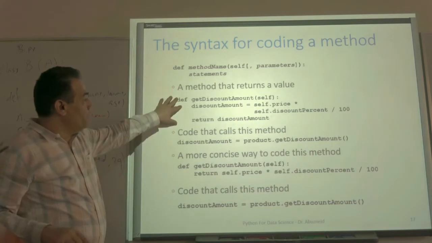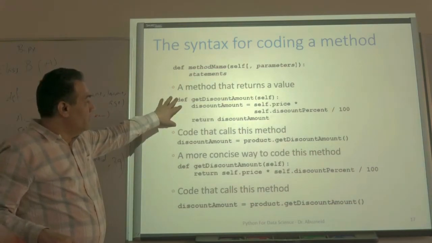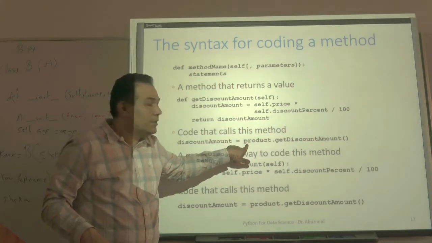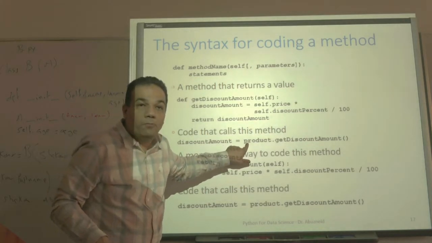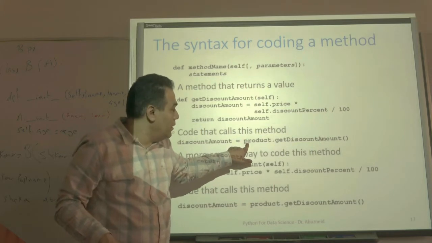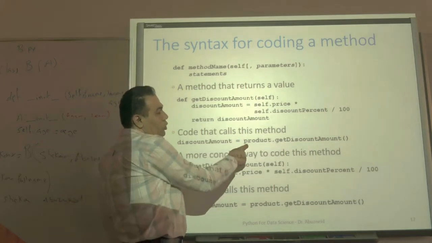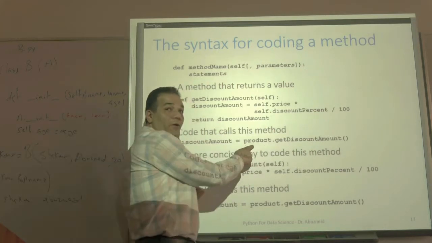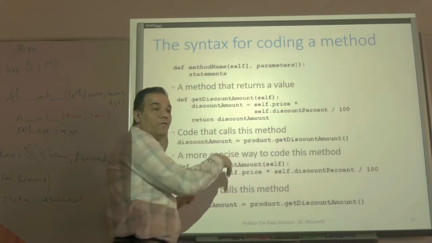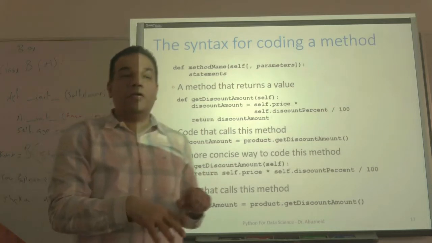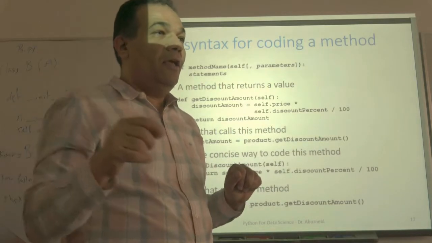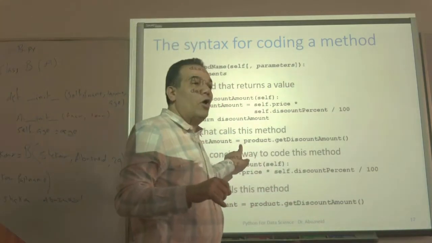To call this method is very simple. You have to precede it with the object name. So we're saying, let's go to object product. Myself, by the way, I don't like the convention in this book that they call the class Product with capital P and the object product with a small p.